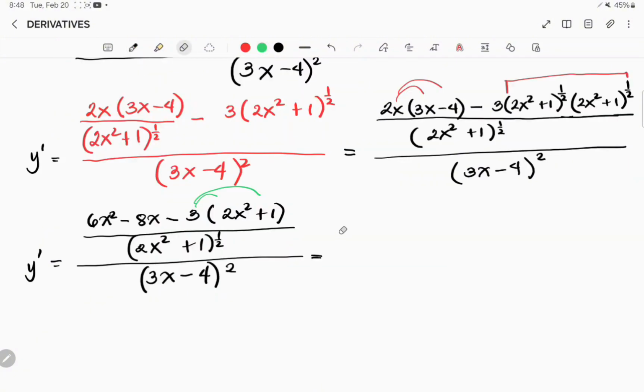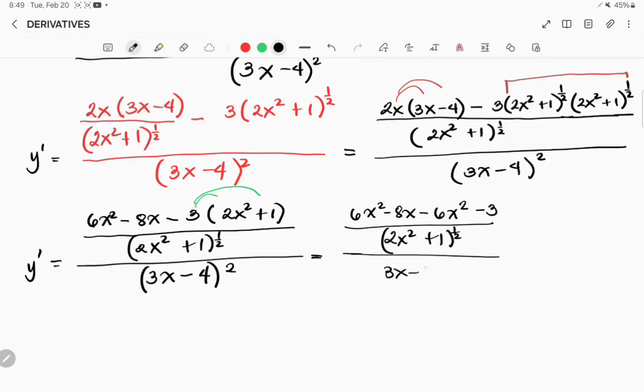It will become 6x squared minus 8x minus 6x squared minus 3 over 2x squared plus 1 raised to 1 half over 3x minus 4 raised to 2.